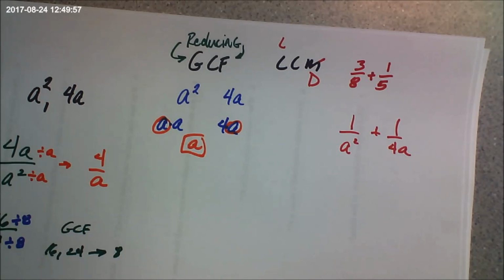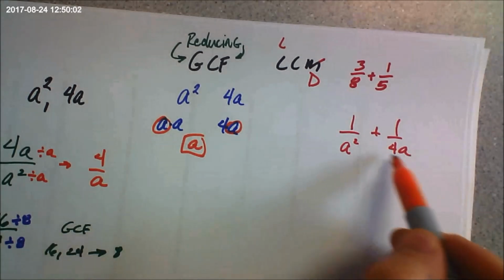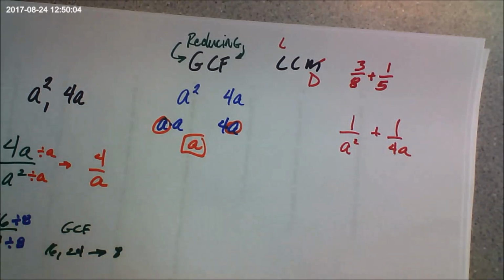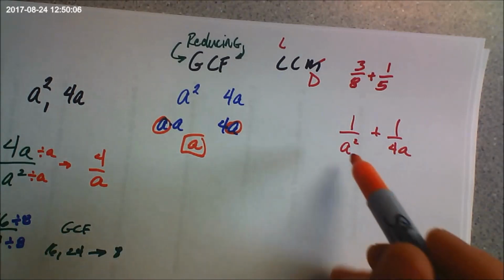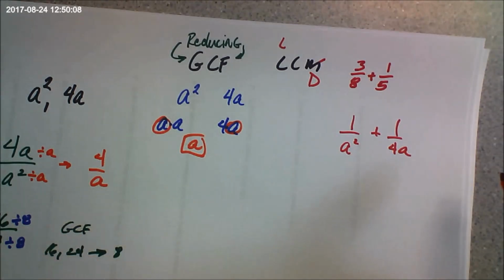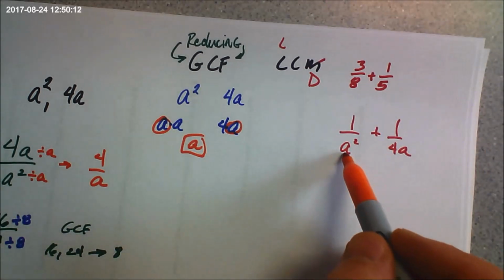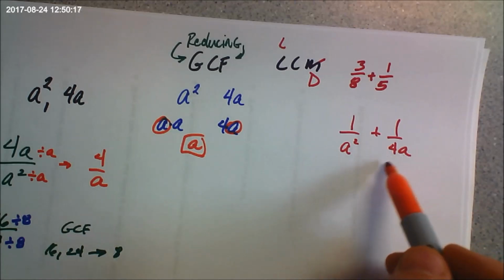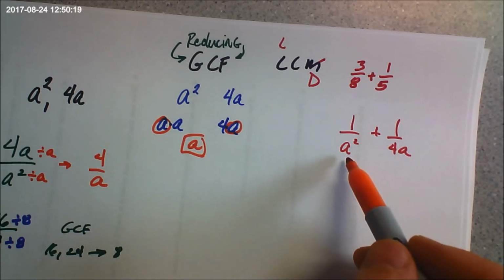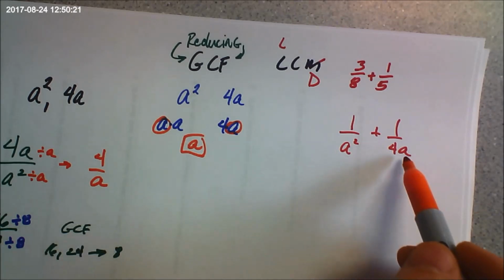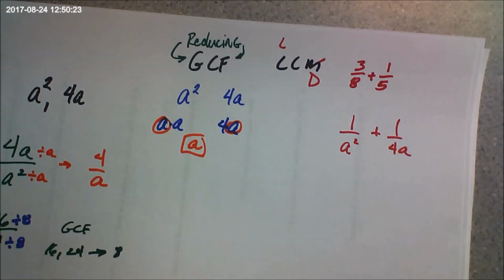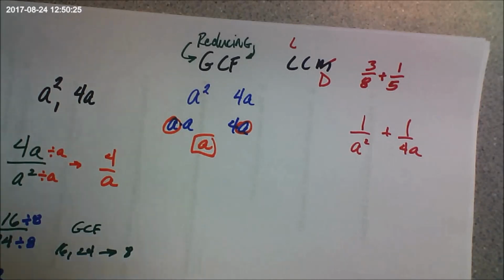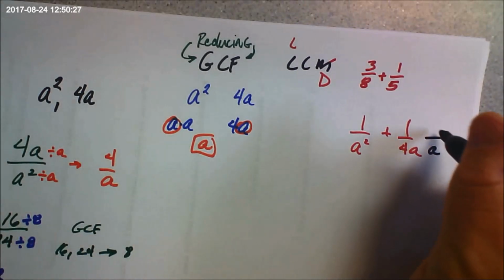Okay, Mariana, are you ready? Check this out. Let's look at these two. We'll do steps in just a minute, but I think the easiest way is to figure this out by just looking at it. The lowest common denominator, we want the smallest thing that they both go into. So look, a goes into a squared. In fact, what times a would give us a squared? Yeah, a.